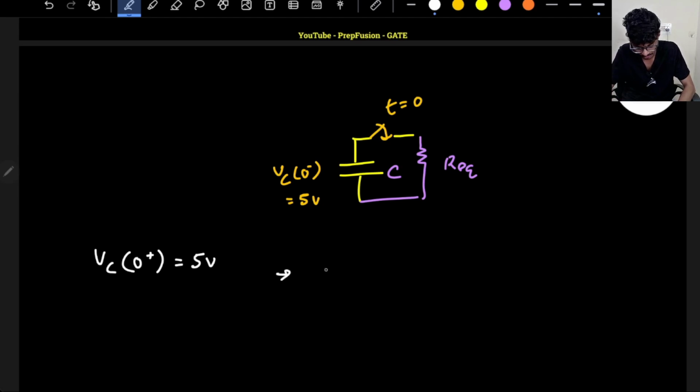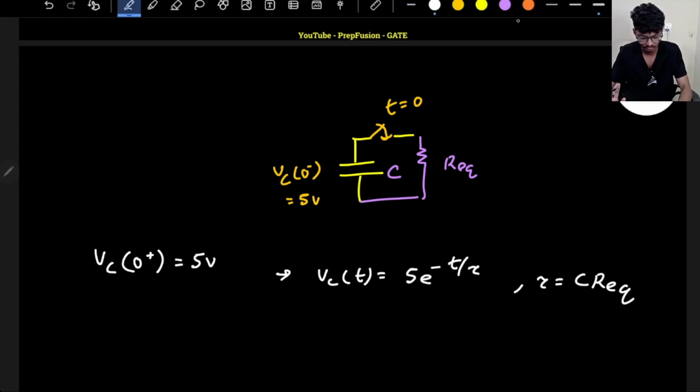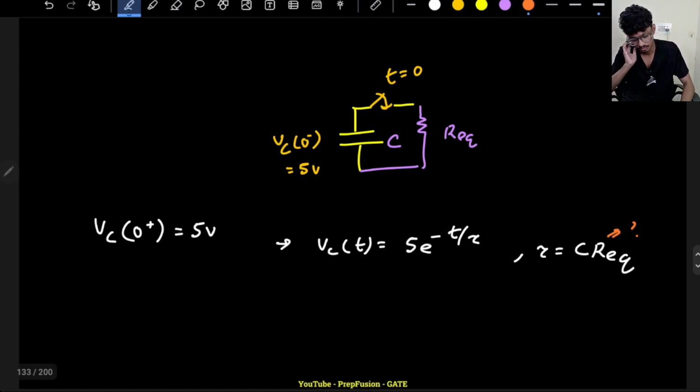So the equation of Vc of t will be 5 e raised to power minus t upon tau, where tau is C into R equivalent. I don't know what R equivalent is; I will discuss R equivalent later on. So this is the equation of the voltage.